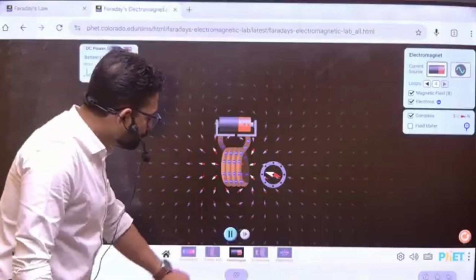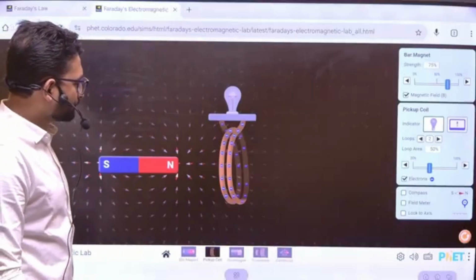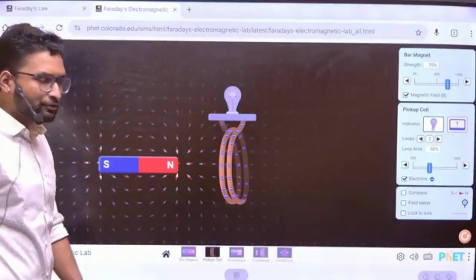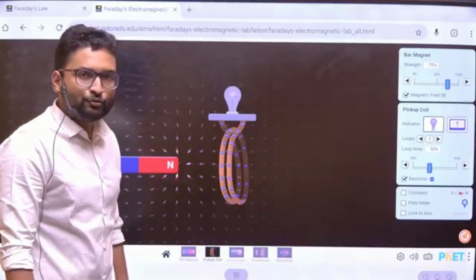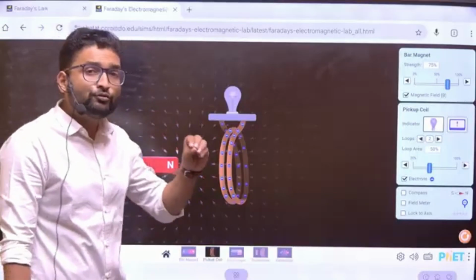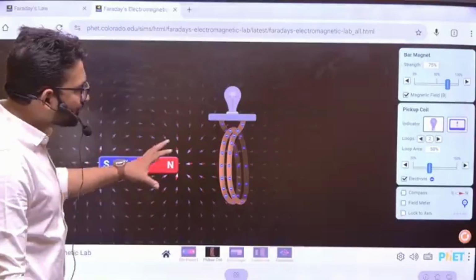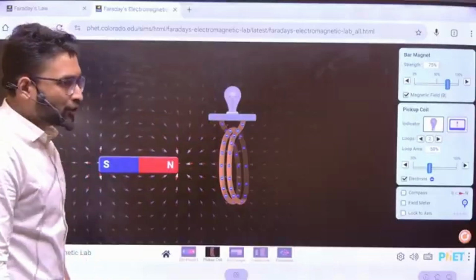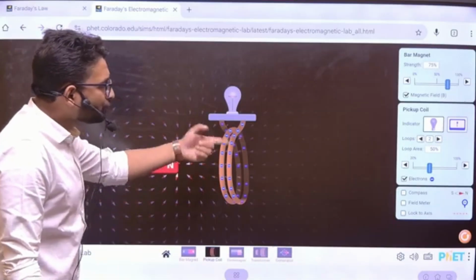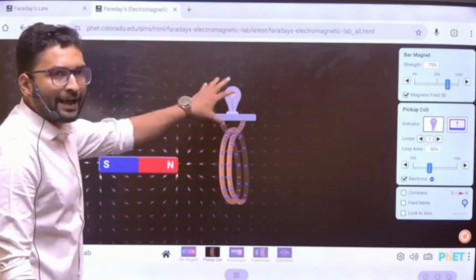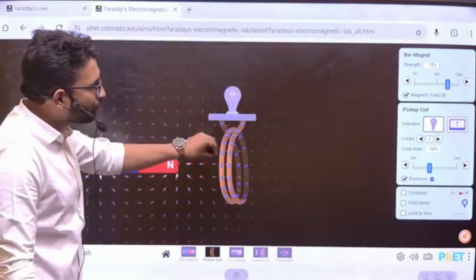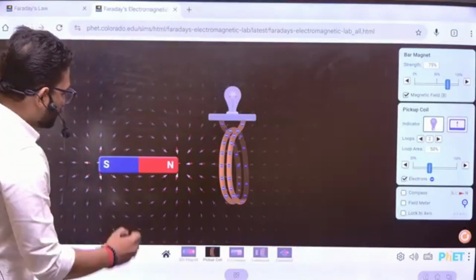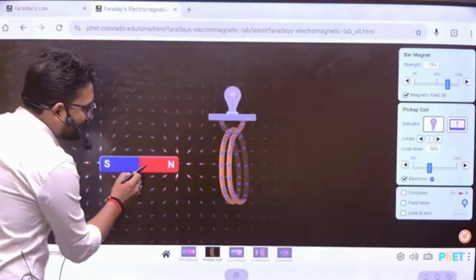Now we move on to Faraday's experiment. In Faraday's experiment, as in the diagram I drew there, we used one galvanometer, but here there is no galvanometer. For better visual representation we have a bulb. If current is flowing through this coil, this bulb will glow, and that's how we will know that there is current. So I take this magnet and bring it closer.